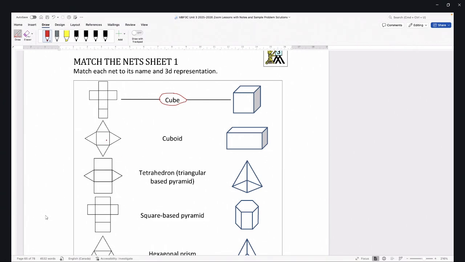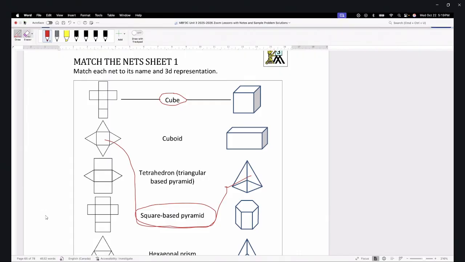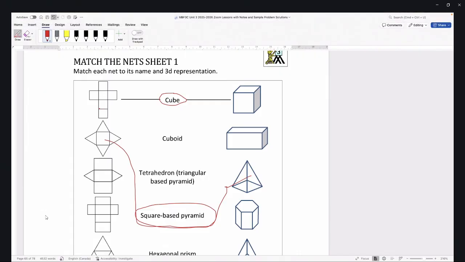So this one here is a square based pyramid. Okay, I'm going to redo that. This piece of paper got in my way. Let's do the undo. Okay, so from here, I'm going to come down. Let's do it this way. Square base pyramid.